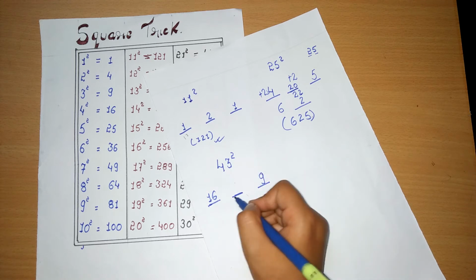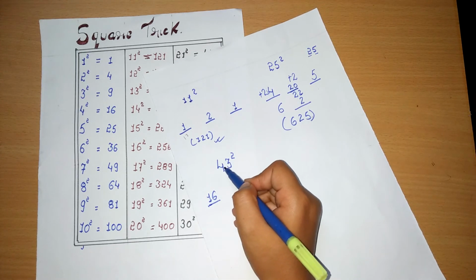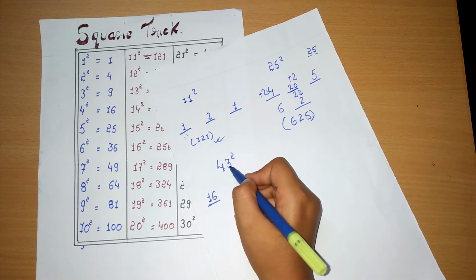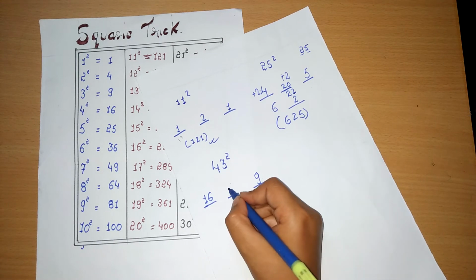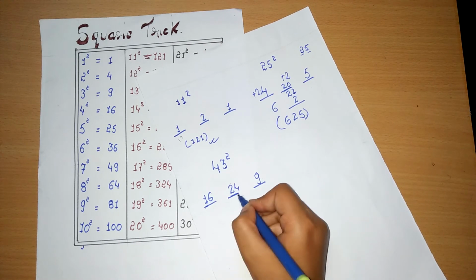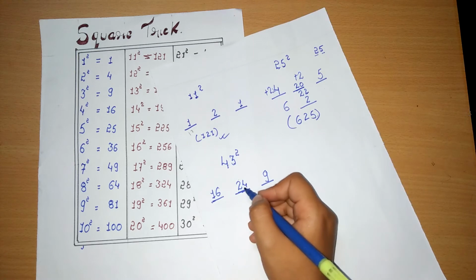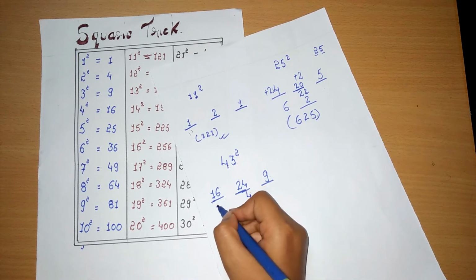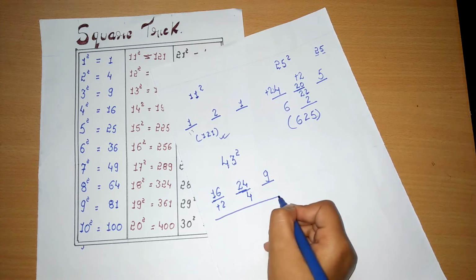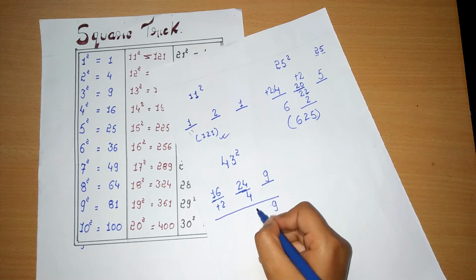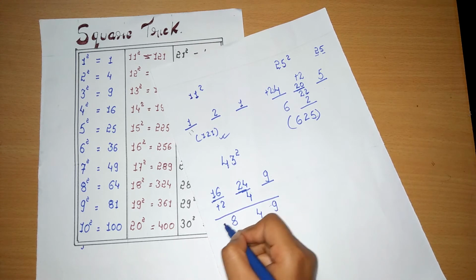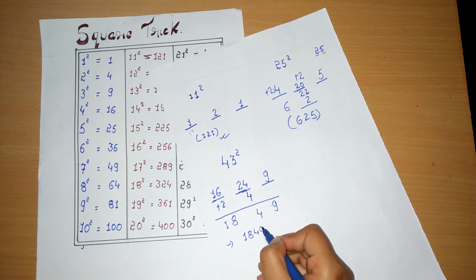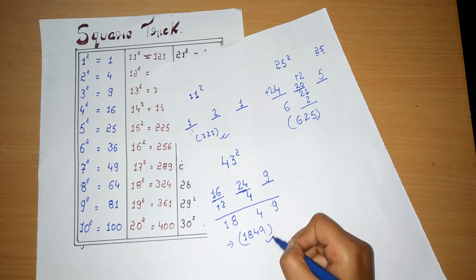In the middle part we again multiply these numbers: 4 into 3 is 12, 12 into 2 is 24. But here comes a two digits number, so we write only the last digit, 4, and the 2 is added to the 16. The total becomes 1 8 4 9. This is the square of 43.